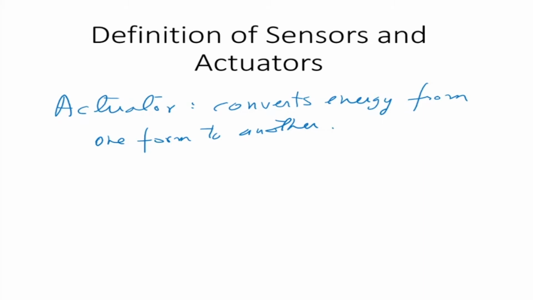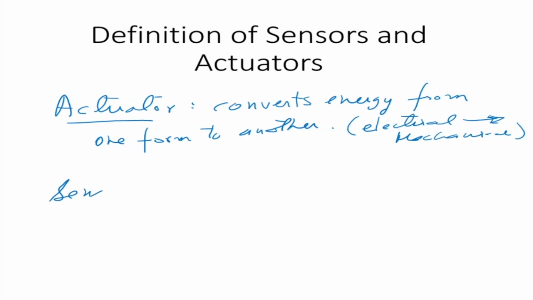In this particular case, in robotics, it is electrical energy to mechanical energy. But it can be other kinds of energy also. For example, it could be hydraulic, it could be pneumatic. In robotics, essentially we are looking at converting electrical energy to mechanical energy because we are using electrical motors. So that's the definition of an actuator.